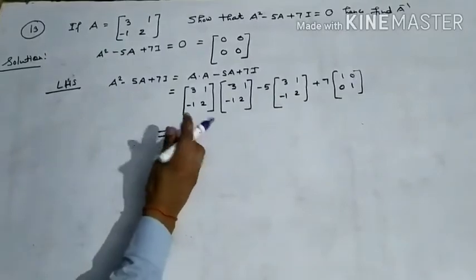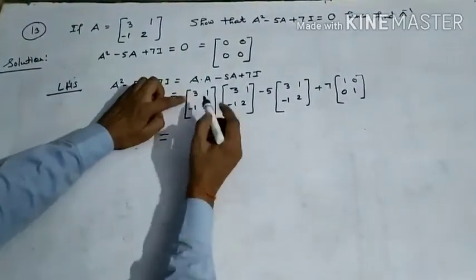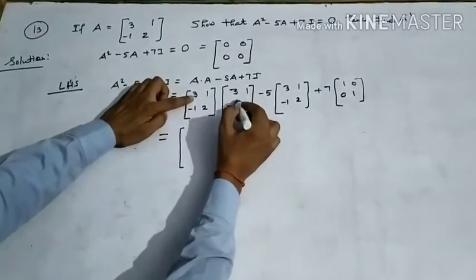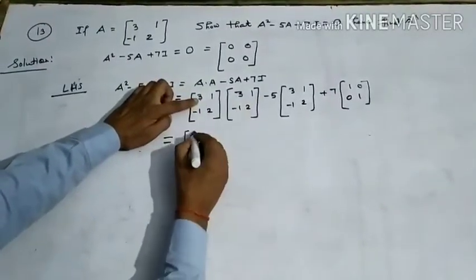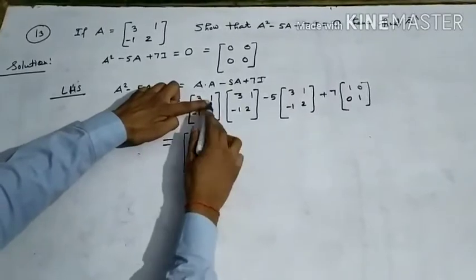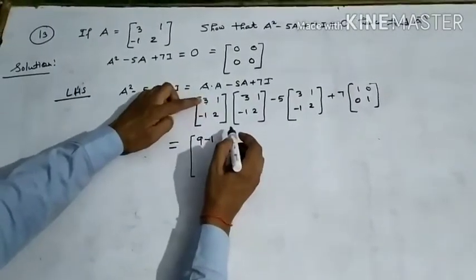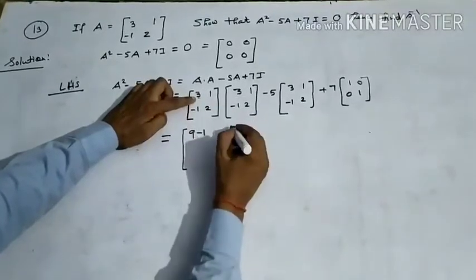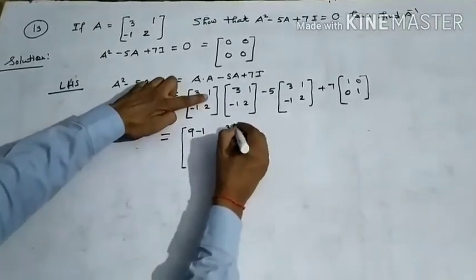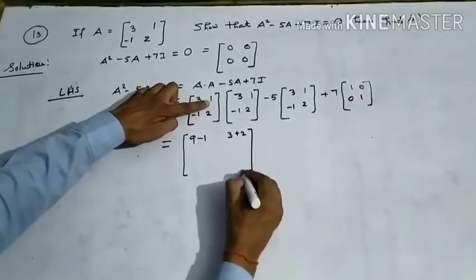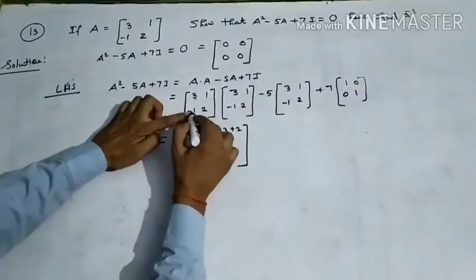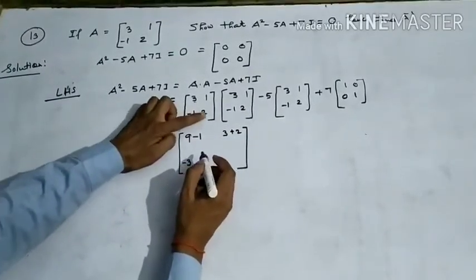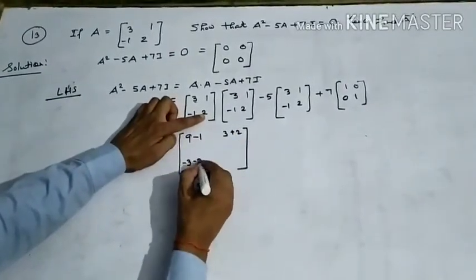Now again you have to use the concept of matrix multiplication. First row you have to take, and multiply with the first column. So 3 into 3 is 9, and then 1 into minus 1 is minus 1. Then first row and second column: 3 into 1 is 3, and 1 into 2 is plus 2. Then second row and first column: minus 1 into 3 is minus 3, and 2 into minus 1 is minus 2.